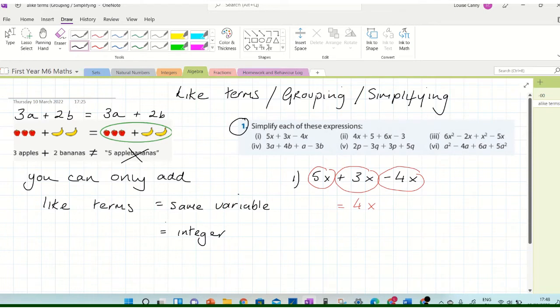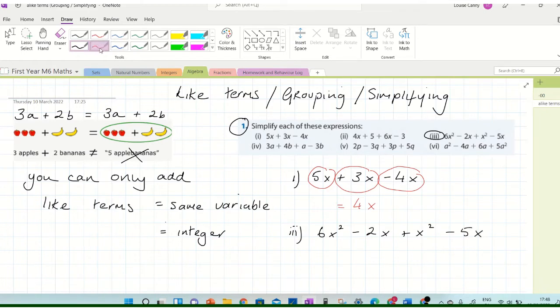Let's take a look at question 3 now, where we have a little bit more going on. So in this case, we have 6x squared minus 2x plus x squared minus 5x. So this is where I say it's a good idea to maybe get your 4-sider and go along and look at the variable here.